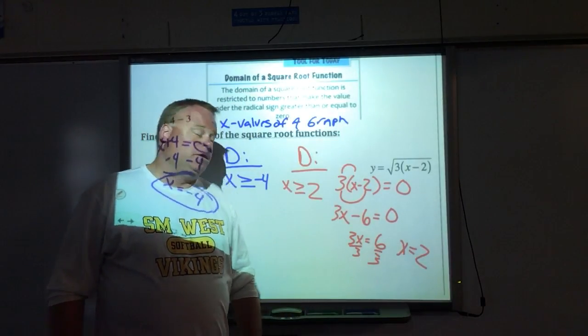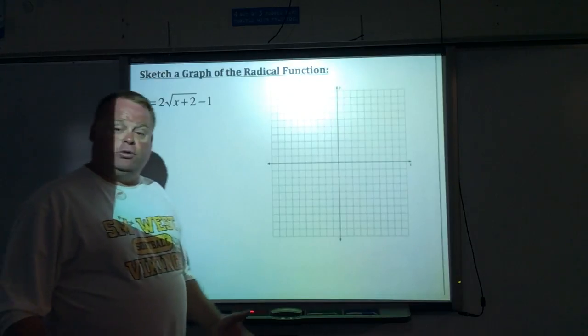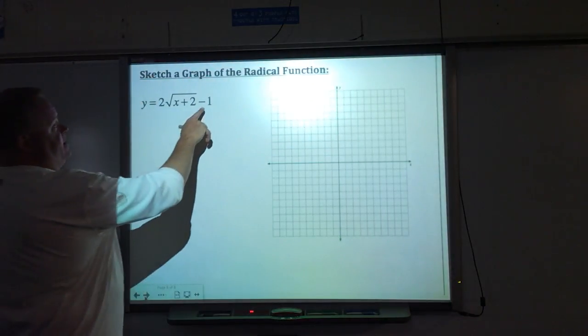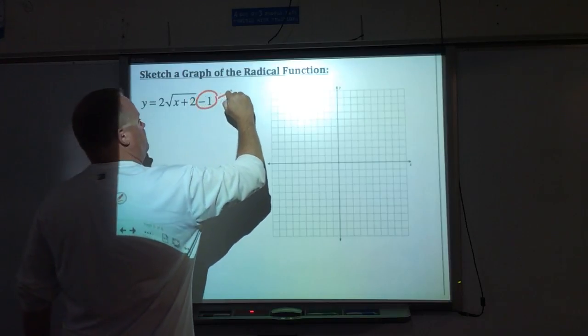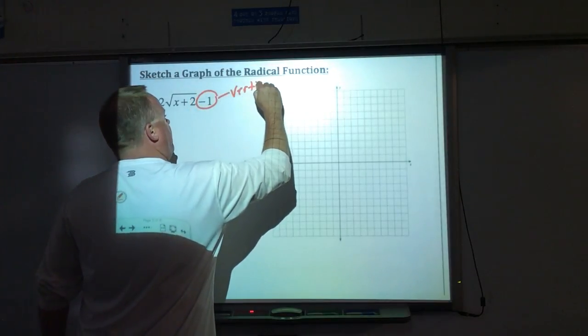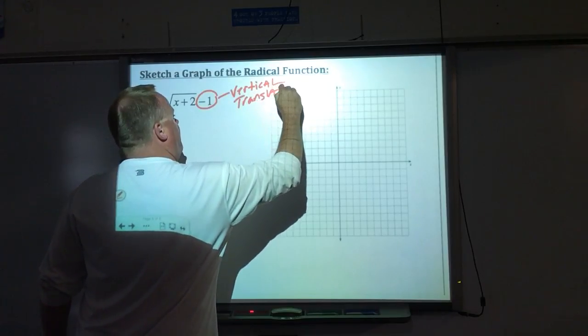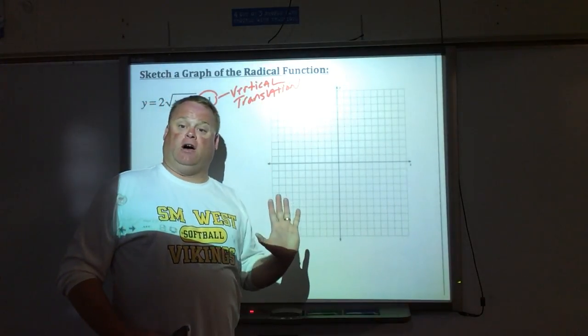All right, let's actually graph one. Now I'm going to do it old school, not via the calculator. I could, but I'm not going to. The first thing I can notice is that this term right here is my vertical translation, and that means my graph is going to start up or down.